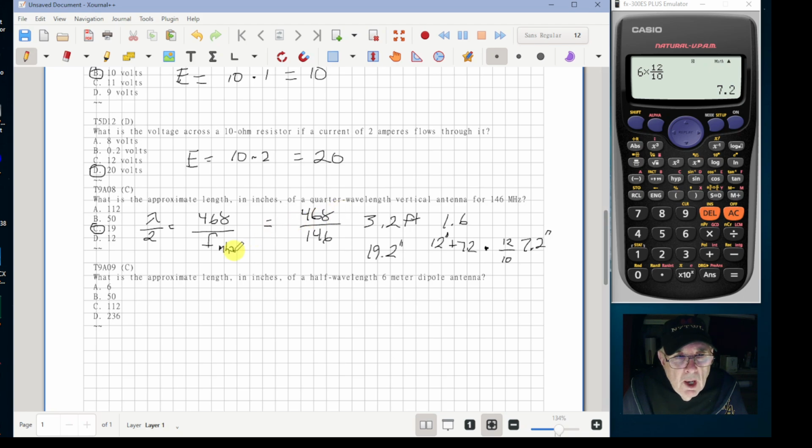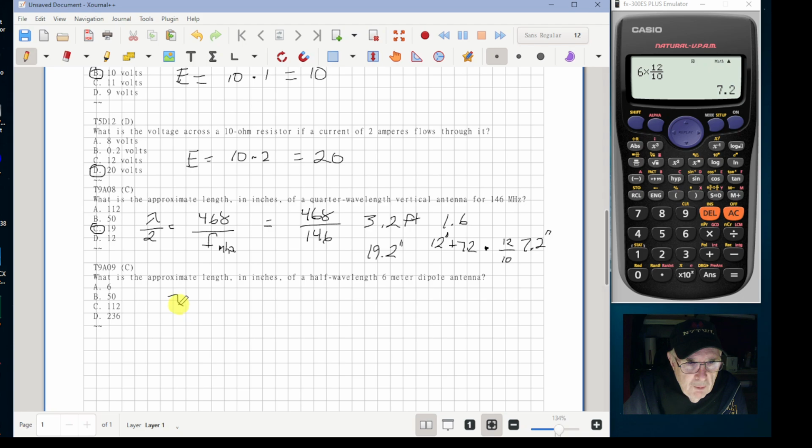Now, what is the approximate length in inches of a half wave for a 6-meter dipole? Well, first of all, 6 meters, that's the length of a full wave. And we'd have to convert between meters and feet. And let's use the same thing.